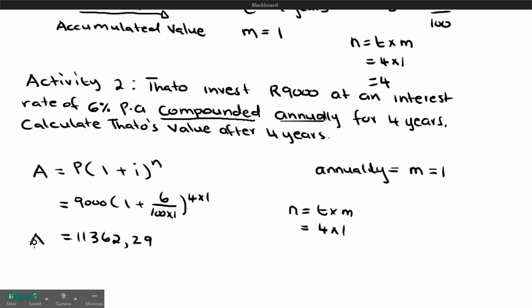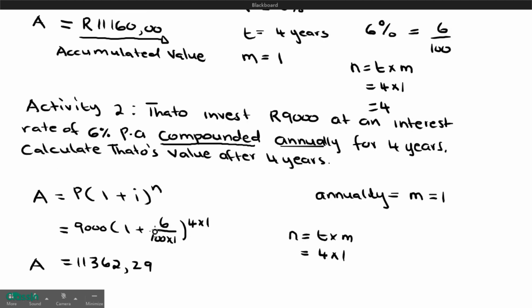Therefore, the accumulated amount of money will be 11,362 rand and 29 cents. If we compare with the very same information, if you decide to invest your money using simple interest, you're going to get 11,160. But if you take the very same amount of money for the same period at the same rate, you're going to get 11,362 rand and 29 cents.